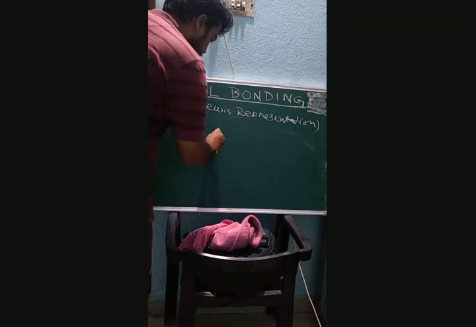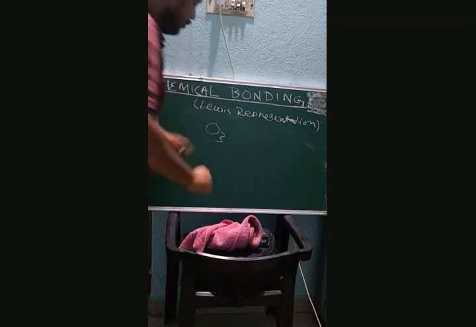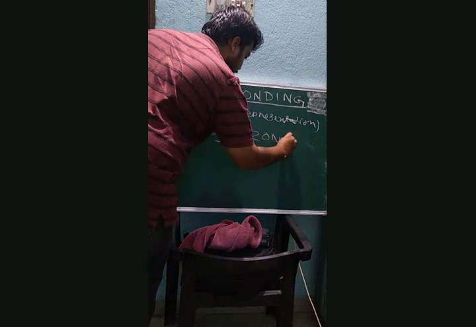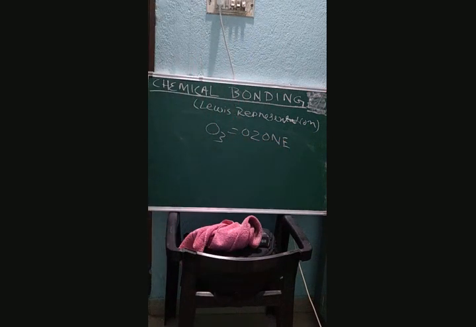In the molecule of ozone, there are 3 oxygen atoms. So I can write the molecular structure like this.